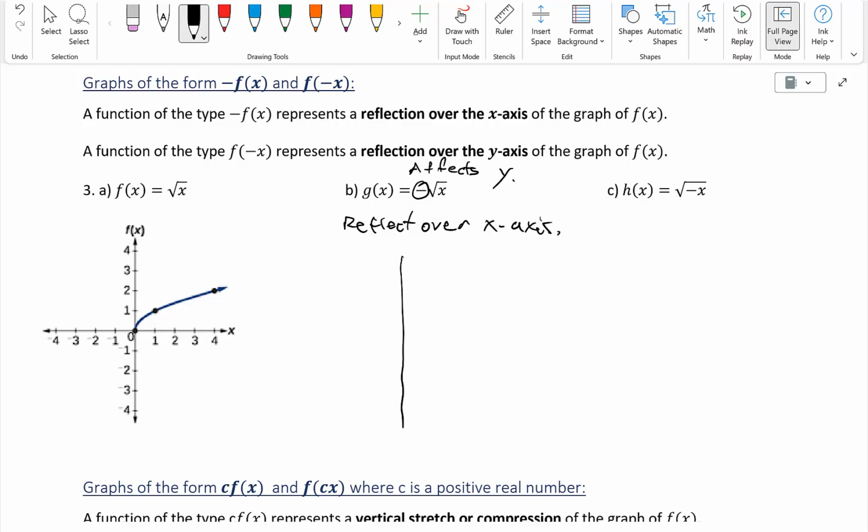So our graph is going to look exactly the same, but come down here over the x-axis. So instead of being up 1 over 1, I'm going to go down 1 over 1. Instead of going up 2 over 4, I'm going to go down 2 over 4.